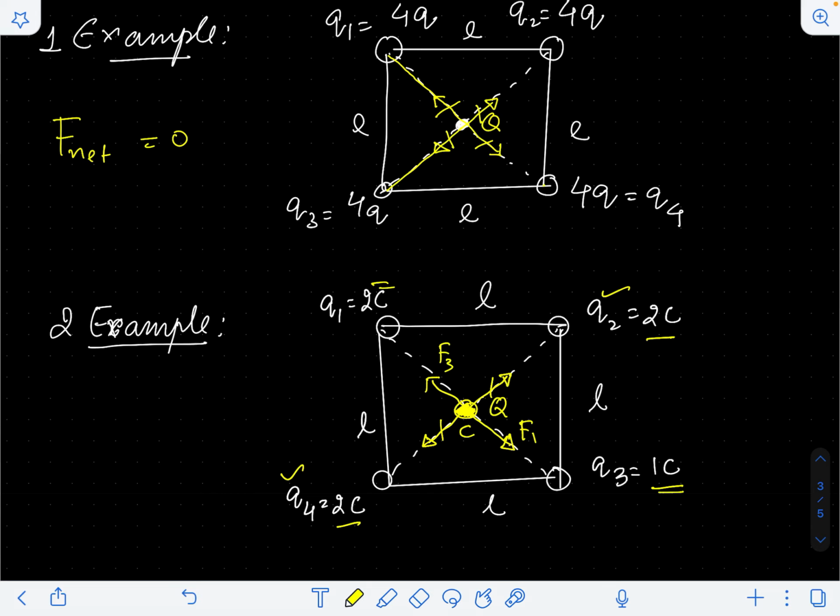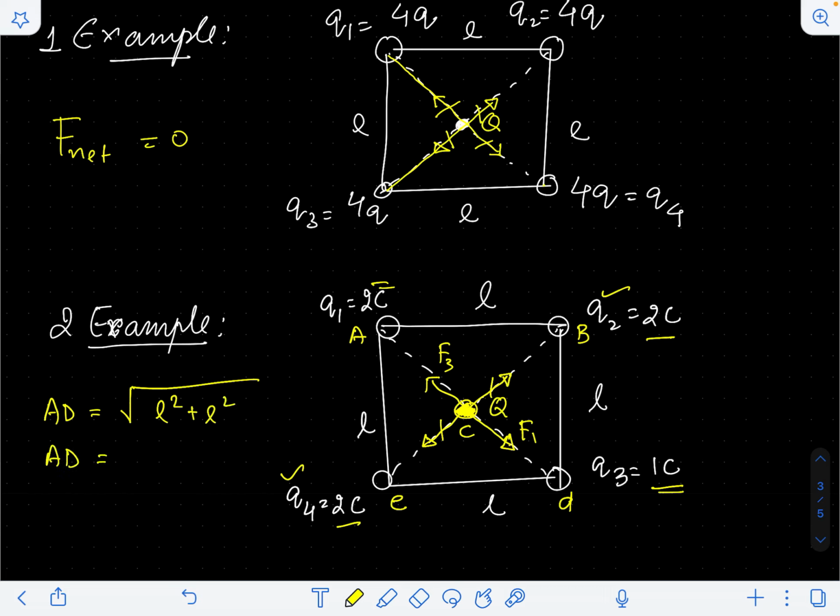Let's see what can be the value. Let's say this is A, B, and C at the center, this is D and this is E. So what is the distance between A and C? By Pythagoras theorem we can say AD is equal to the square root of L square plus L square.